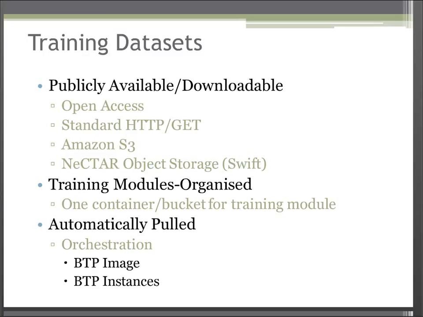When a user launches a training instance on these cloud platforms using our orchestration templates, the templates are automatically configured to pull down the training datasets for each training module and install those datasets into the training instances. So these training datasets will be propagated into the training instances, ensuring that all of them have access to the required datasets to perform the hands-on sessions.